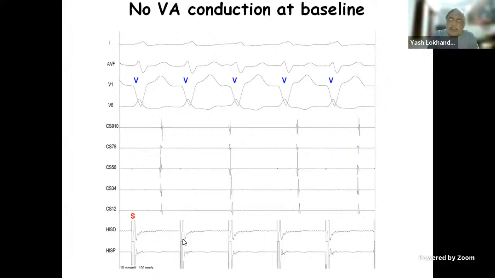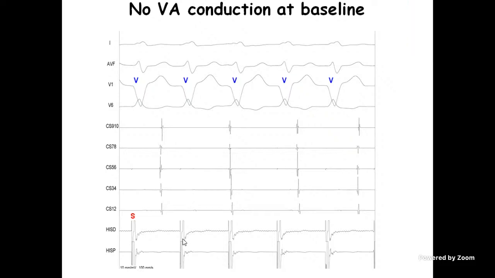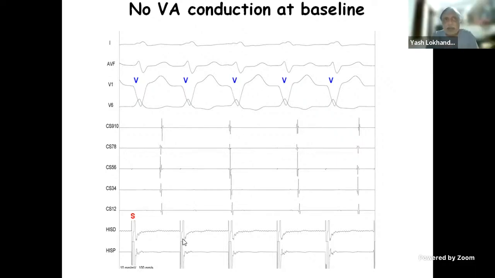And the second thing is that in AV nodal reentry tachycardia, it's not rare that you may not have VA conduction, but you give isoprenaline and you get the VA conduction. The AV node is quite responsive to isoprenaline. The accessory pathways are hardly responsive to isoprenaline. Not that they are not, but very minimally. So in AVNRT, it is not rare that you don't have VA conduction, you give isoprenaline, you get VA conduction, then you get AVNRT. But with an accessory pathway, if you don't have VA conduction, there is no pathway. Otherwise, there would be VA conduction by the pathway.